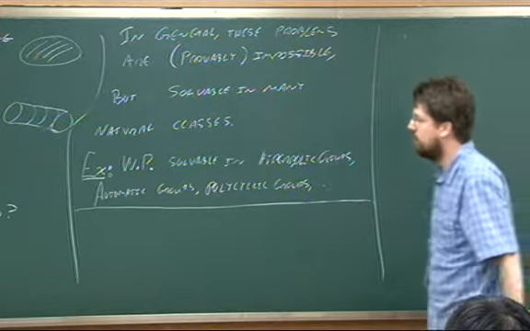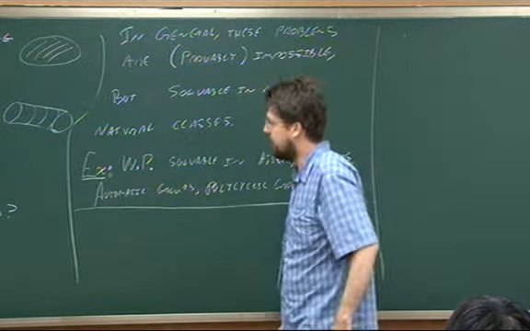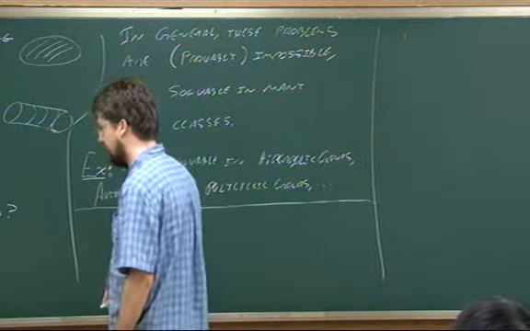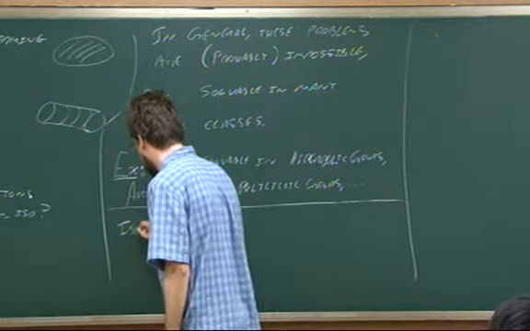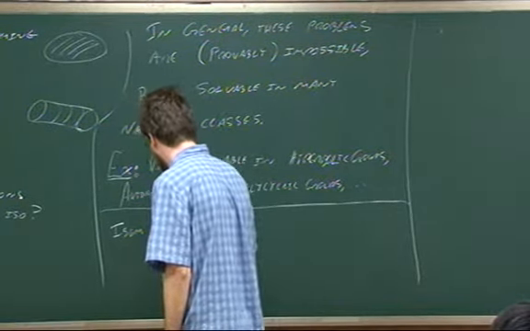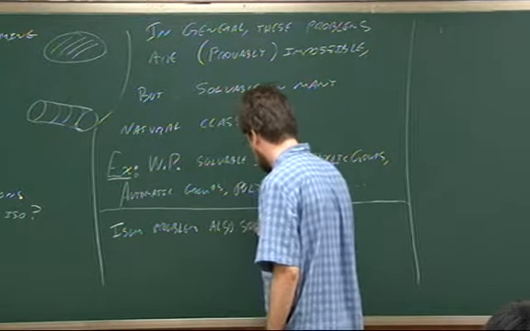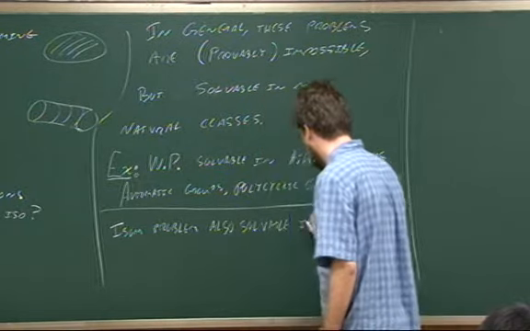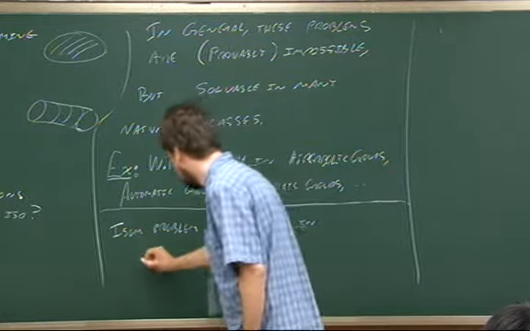Okay, and what else do I want to say about this? The isomorphism problem, you can show that it is also solvable at least in hyperbolic groups and polycyclic groups.